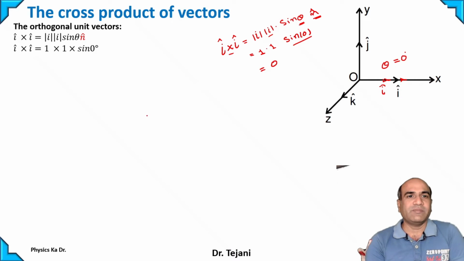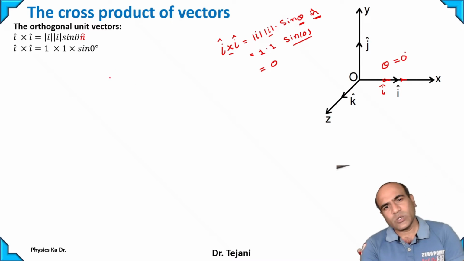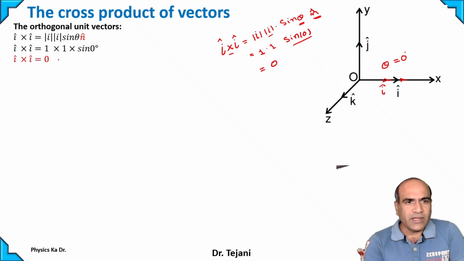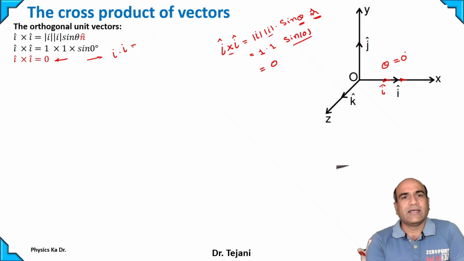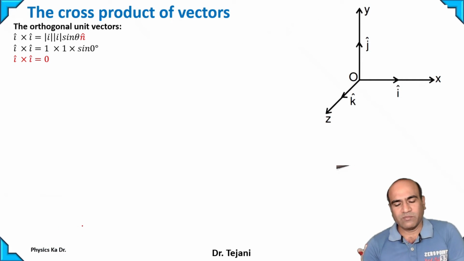If it is a zero vector, then no direction is required. So i cross i becomes 0. We saw a similar case with i dot i, and in that case it was 1, opposite to 0. So in the dot product and cross product, they majorly function oppositely.